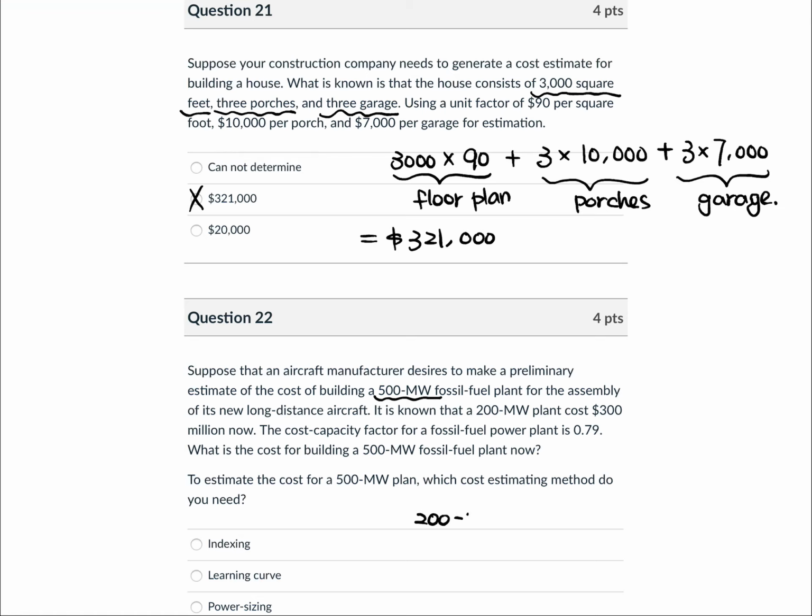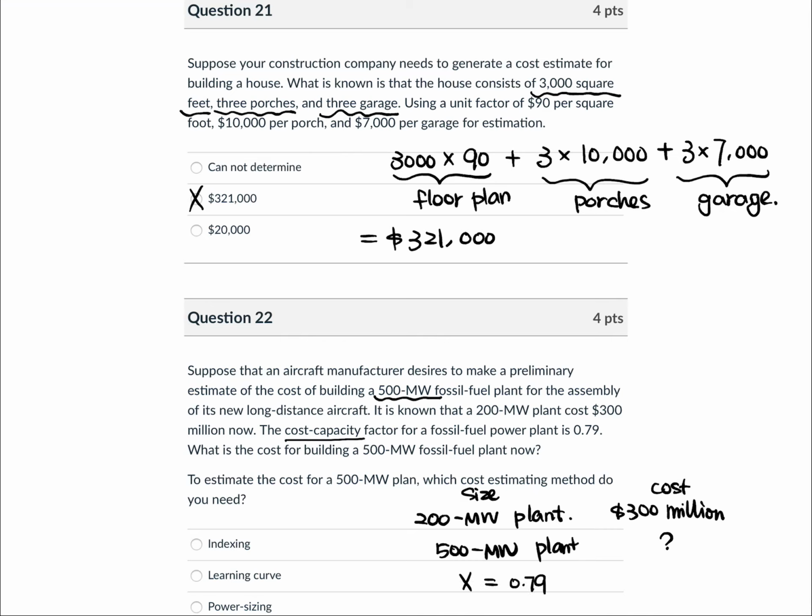So for the 200 MW plant, the cost is 300 million. Okay, so this is the size, this is the cost. And then for the 500 MW plant, what is the cost? Okay, and the cost capacity factor, which is the X, is 0.79.